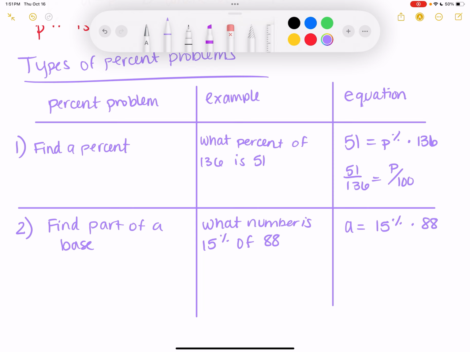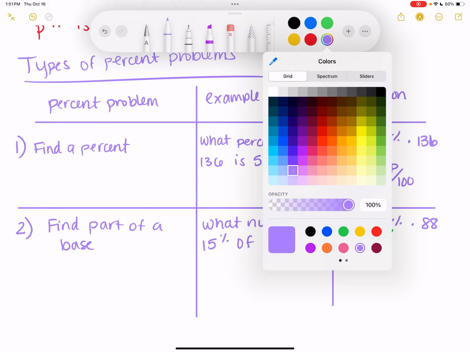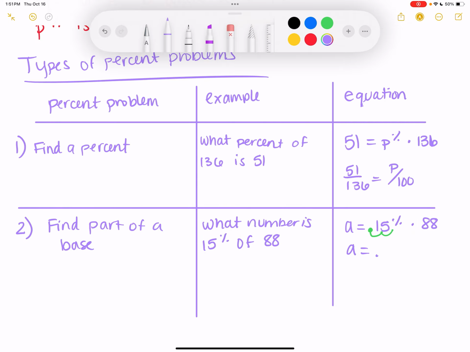But we can't multiply a percent by this. When we have a percent, we need to change it to a decimal. To do that, we move our decimal place to the left 2 spots. So A is equal to 0.15 times 88, and if we multiplied that, we would get the number.